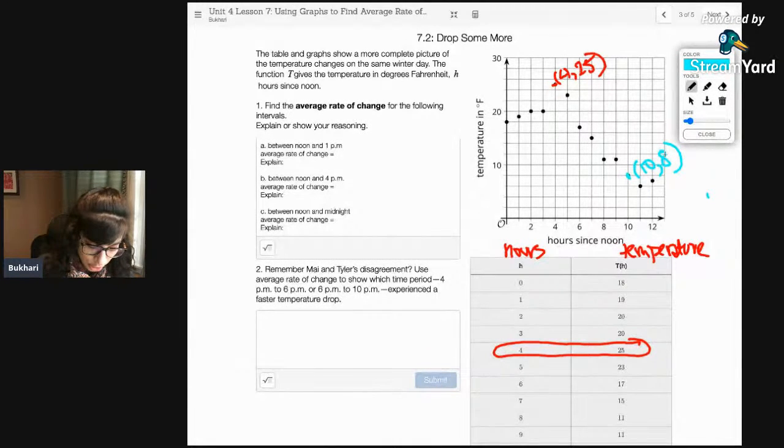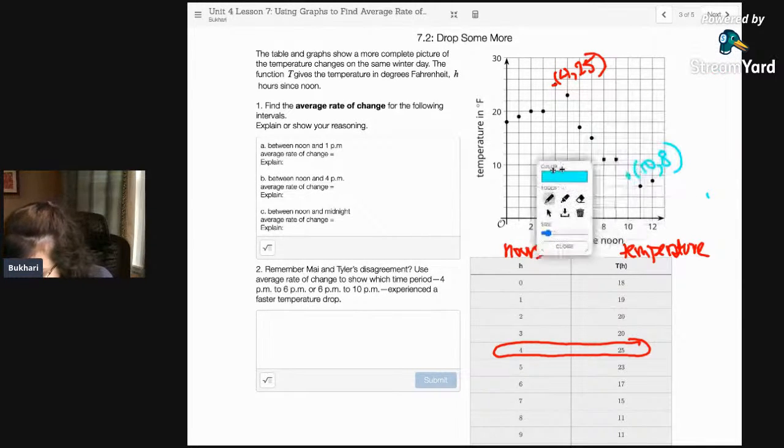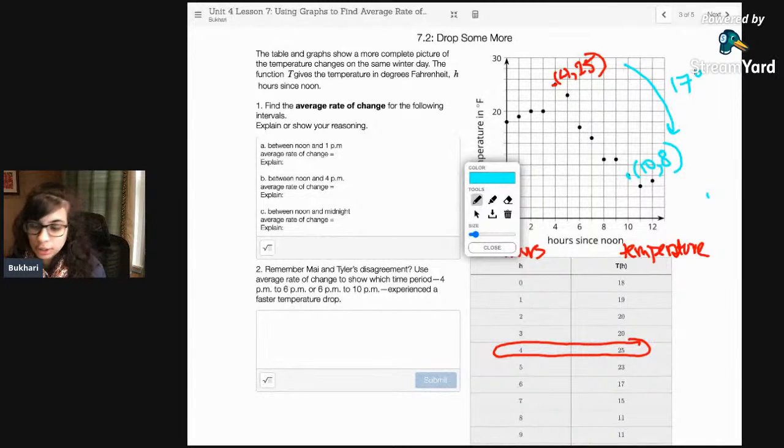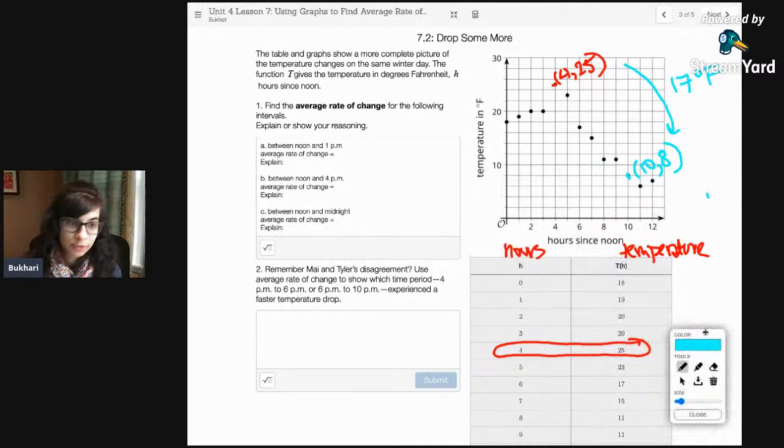So that is a change of 17 degrees, right? I know from 4 p.m. to 10 p.m. it is a change of 17 degrees. So from here to here, we have a 17 degree change, and this is in Fahrenheit because our temperature is in Fahrenheit.